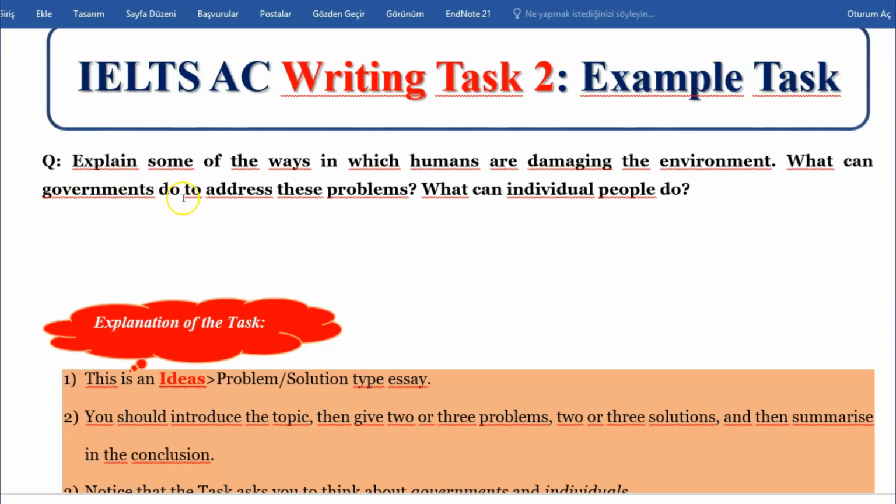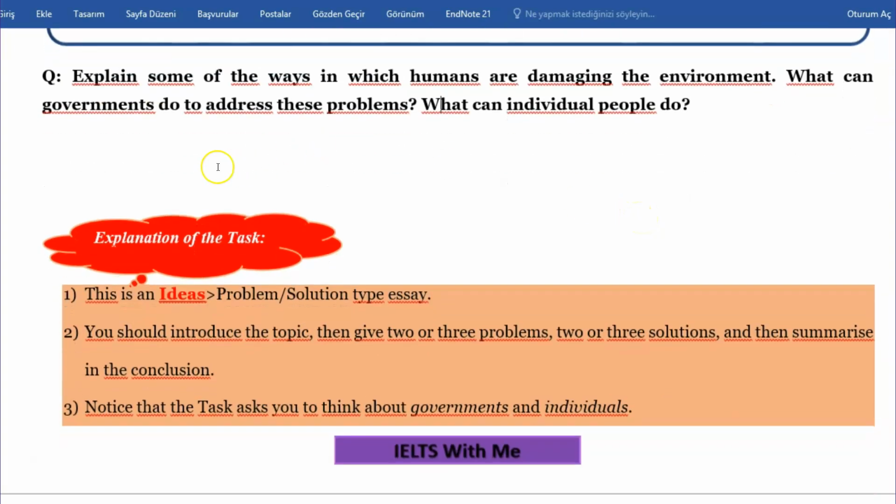What can governments do to address these problems? Solutions from the government side, and also what can individual people do, and also the solutions, the remedies from the normal people.